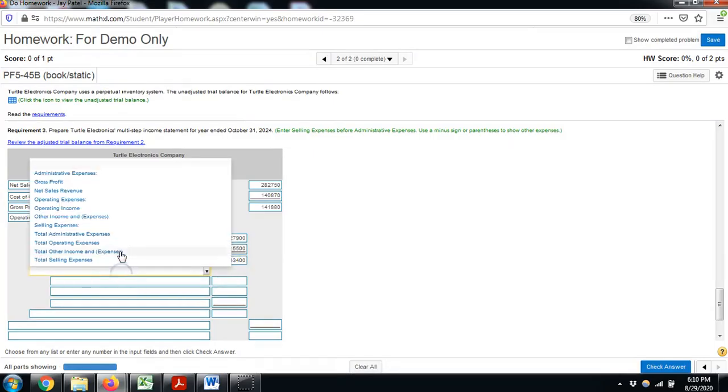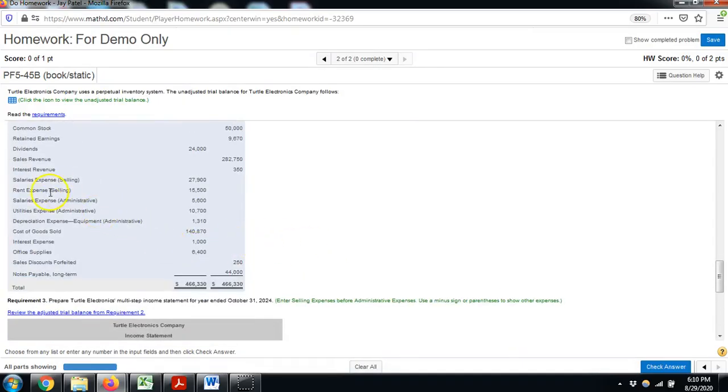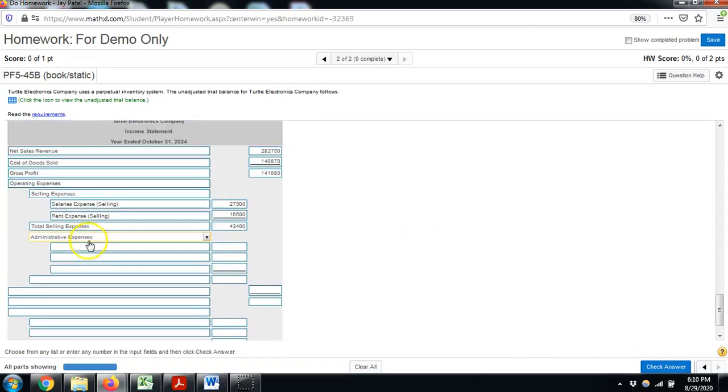And then we'll have our administrative expenses. So we look back up here. We have salary and utility and depreciation.